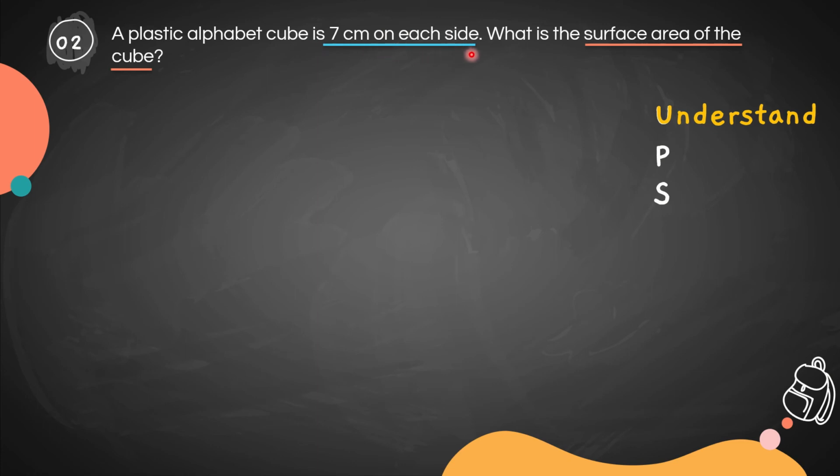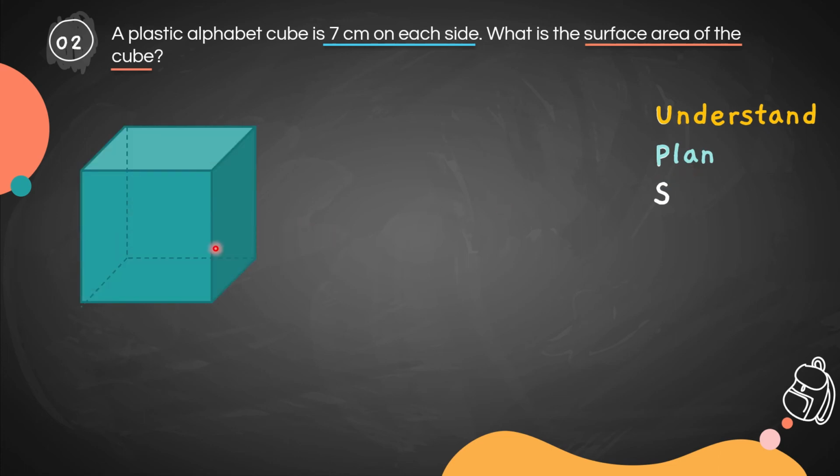Let us now plan. Let us illustrate a cube having a side measurement of 7 centimeters. And to find the surface area of a cube, the formula that we are going to use is 6 times side squared, or 6s squared.